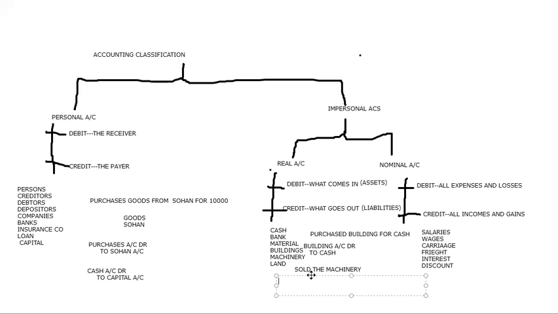Here I have not mentioned, but what comes in when we sell anything? Obviously we'll get cash, no? So what comes in, I'm going to write as cash account debit to what is going out, the material, that is machinery, going out. So this is the way we are going to record.